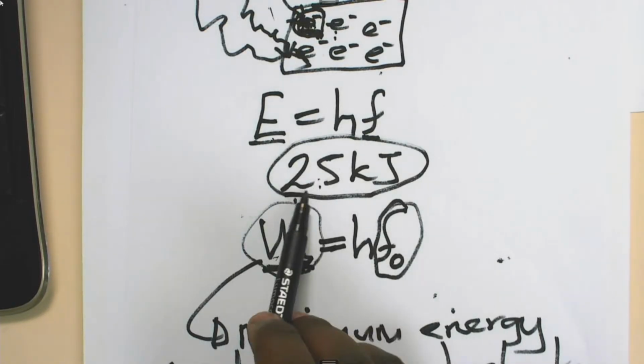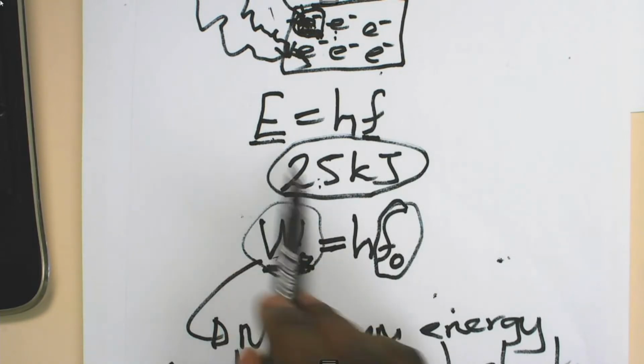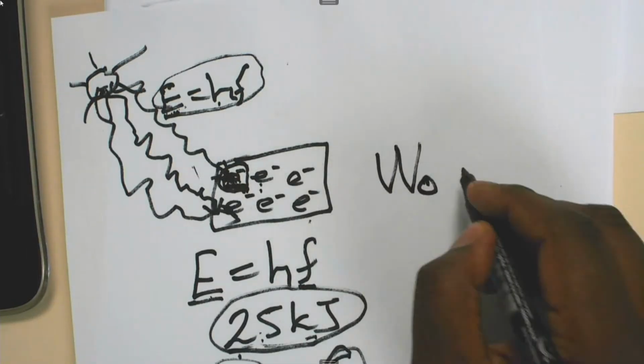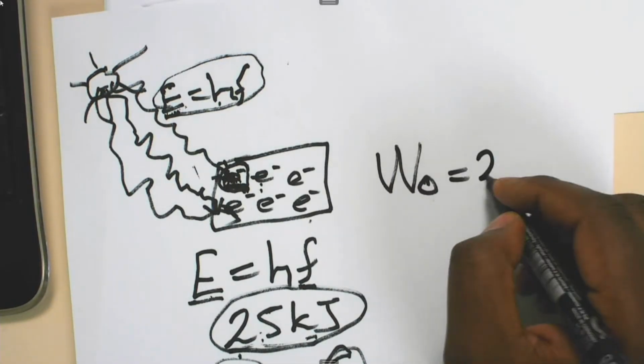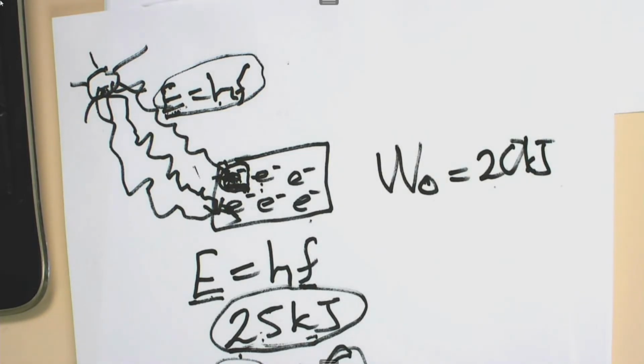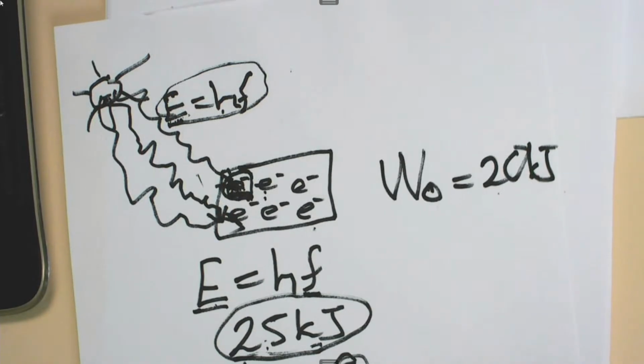We made an example that let's say energy of the photon is 25 kilojoules. Let us say the work function is 20 kilojoules. Meaning, if 25 kilojoules of energy has been transferred to the electron, all of the energy from the photon is transferred to the electron.